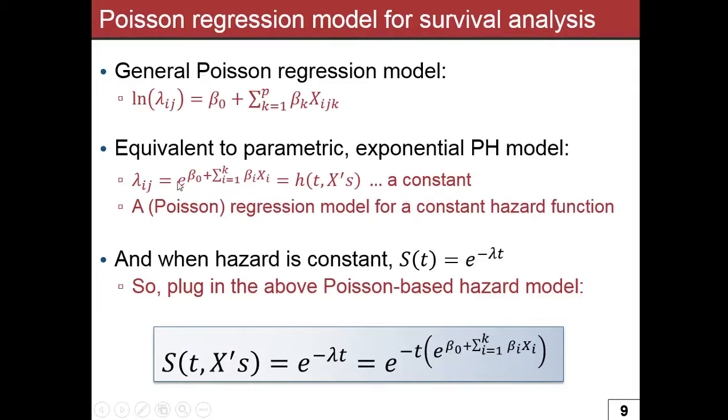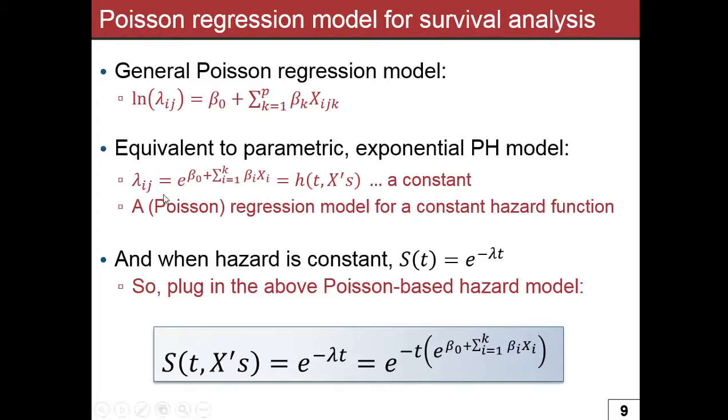The h0 of t goes away because it is a constant. It becomes the intercept up in here, the e to the beta naught. Remember, the Cox model has no constant intercept. It's a few slides back, but the Cox model has no intercept. It has h0 of t, this time-dependent intercept thing, which is called the baseline hazard.